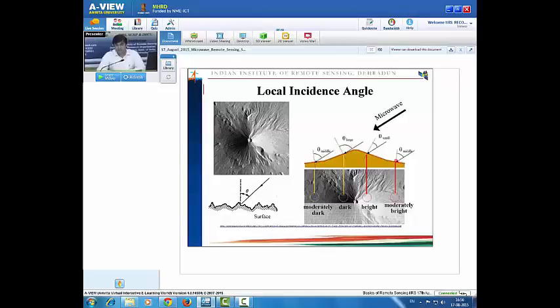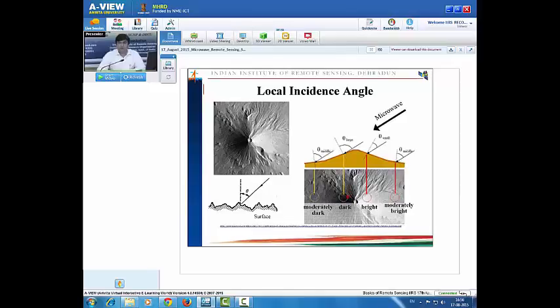Here, the local angle of incidence is somewhere in the middle, so you can see a moderately bright patch is obtained, but for a very small angle of incidence, you can see a very bright patch is obtained.